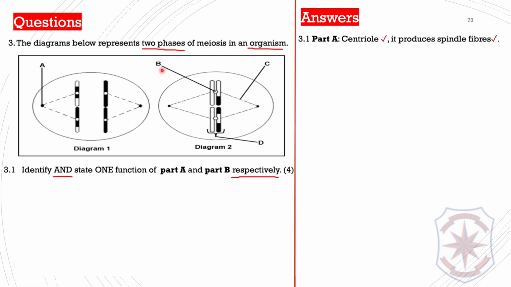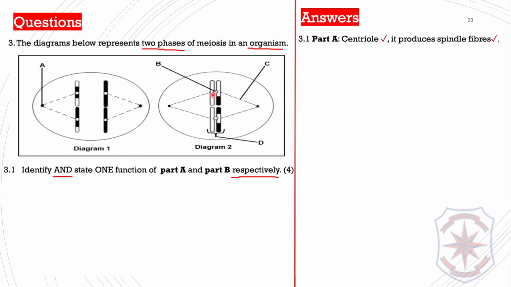Let's look at part B. There is part B, okay? So part B, look at the label line. It's not on the entire chromosome, okay? Please follow the label line carefully. It is on that circle structure in the center of the chromosome. Excuse me, pardon me for that. It is showing that structure in the center of the chromosome. We know that as the centromere, okay?